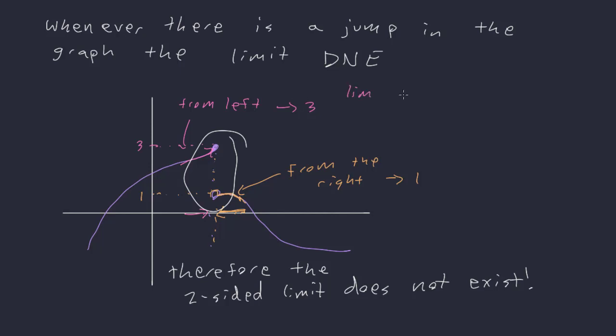So we could actually say that, let's say this function here is g, and let's say that this is 2. The limit as x goes to 2 from the left of g of x is going to be 3, while the limit as x goes to 2 from the right of g of x is 1.